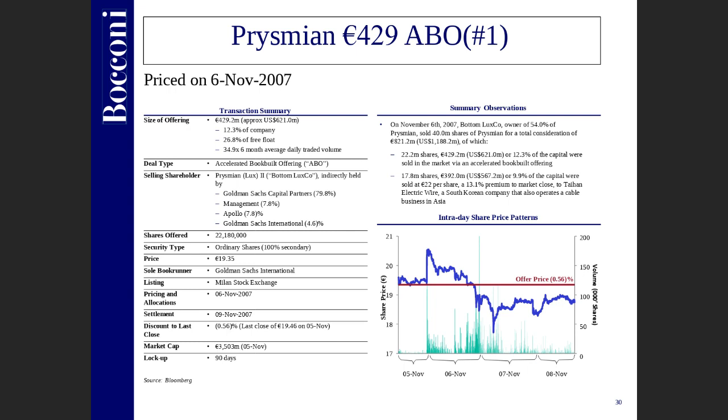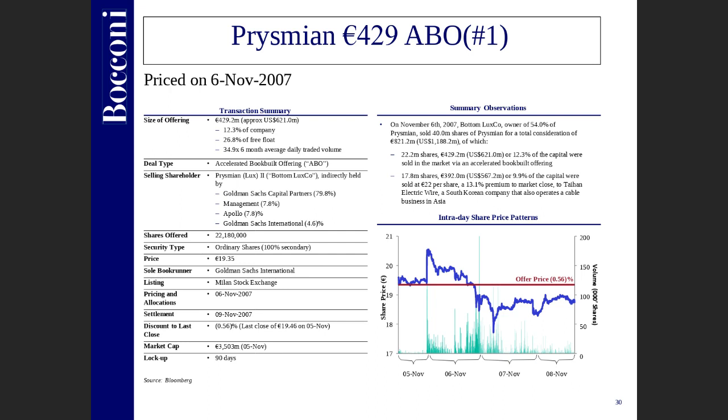Here again, by looking at the transaction summary, we go through the detail. The size of the offering was 22 million shares, and it was an accelerated book building offering. The selling shareholder was de facto Prysmian Luxembourg, the holding company that used to have all these shares.